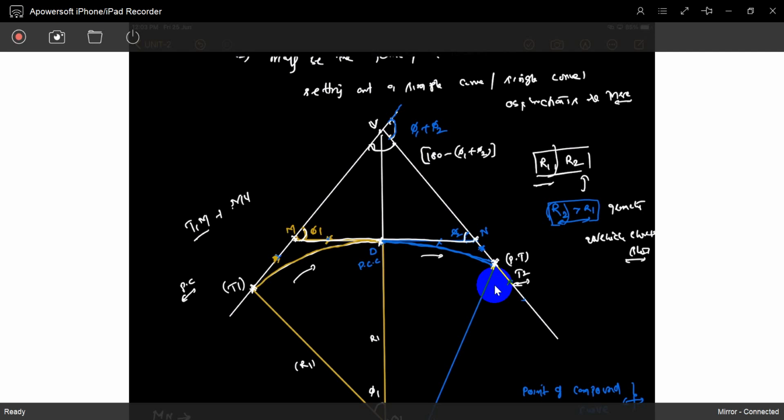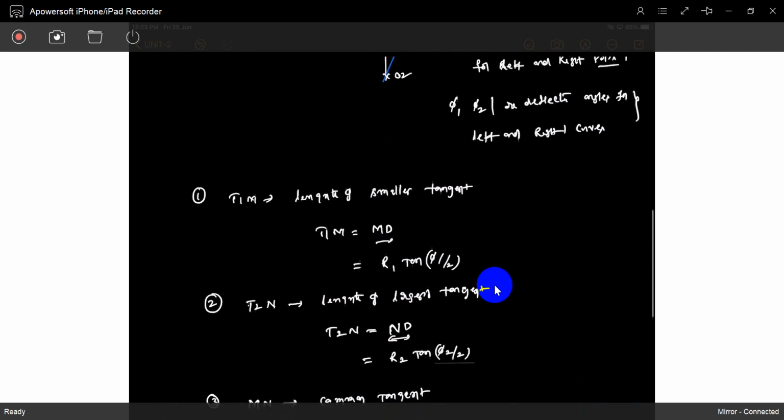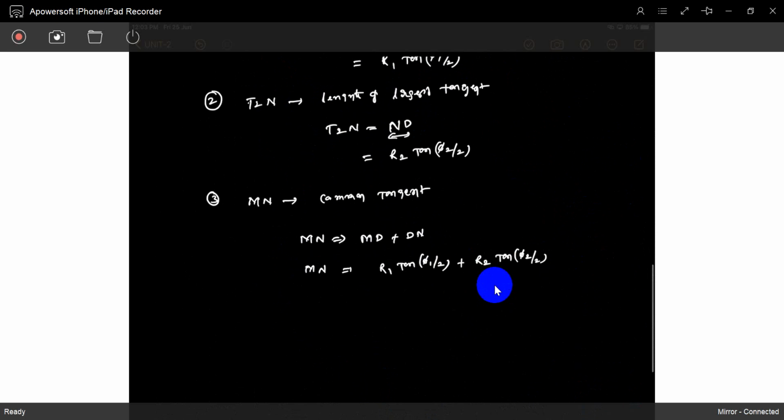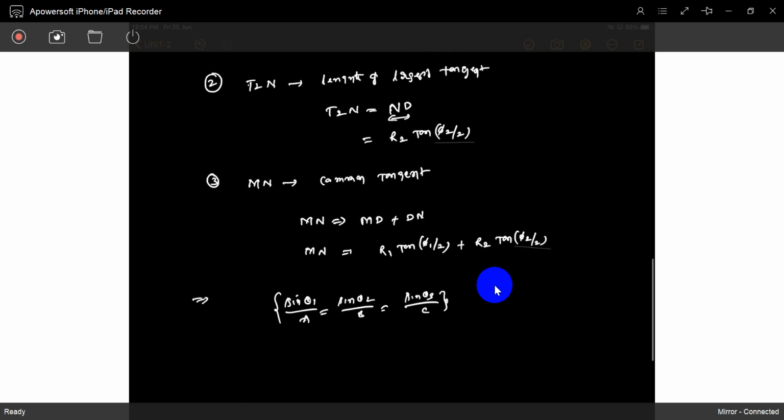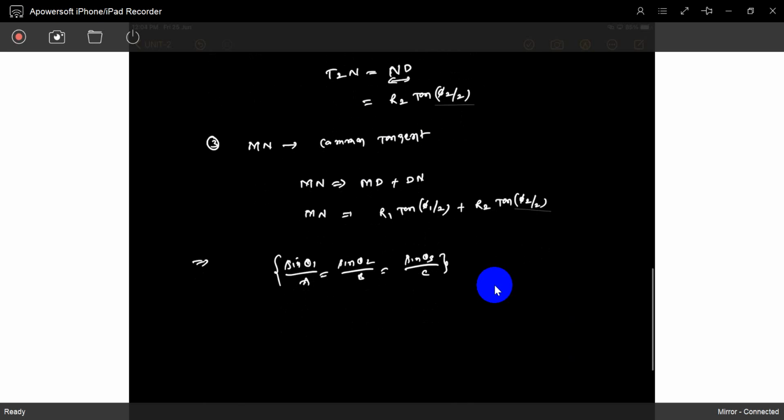How can we do it? Using the triangle property. What is the triangle property? Sin theta 1 divided by A, sin theta 2 divided by B, sin theta 3 divided by C. You know it, we have used it so many times. So based on the triangle property, try it.